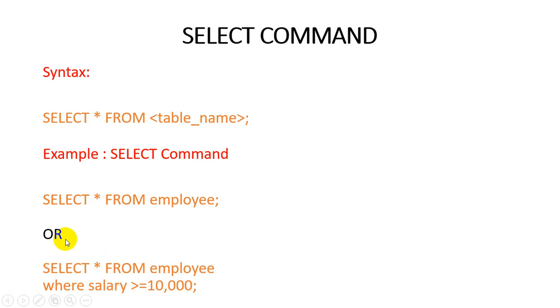Or we can retrieve particular data: select star from employee where salary is greater than or equal to 10,000. So with the help of the where clause we can retrieve information based on a particular condition.